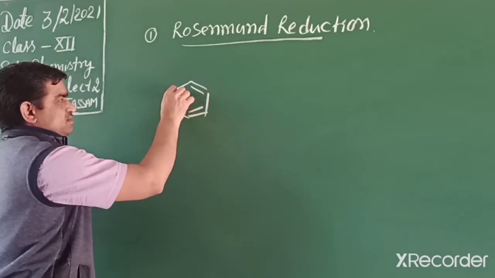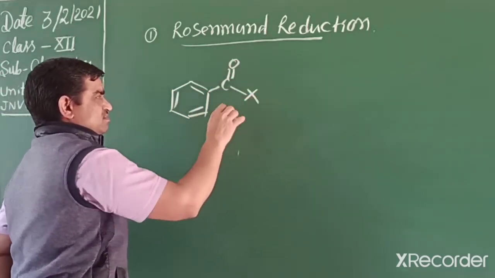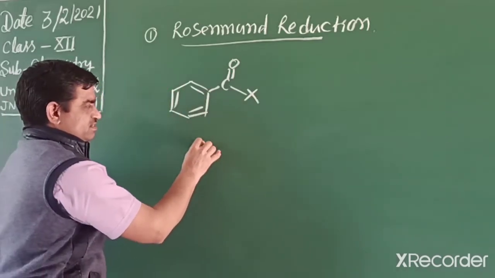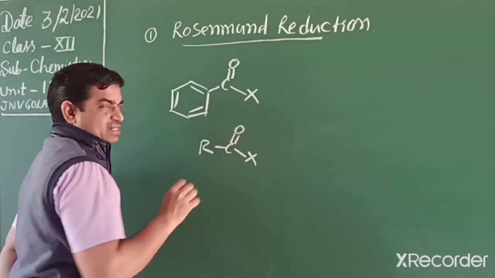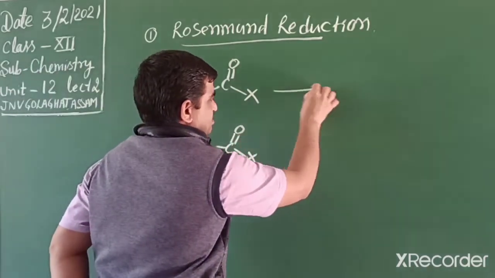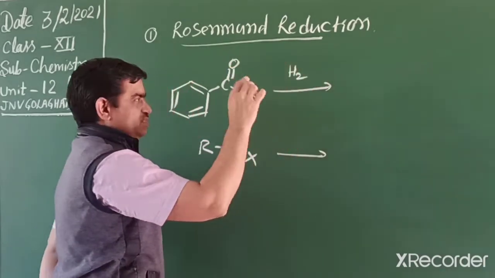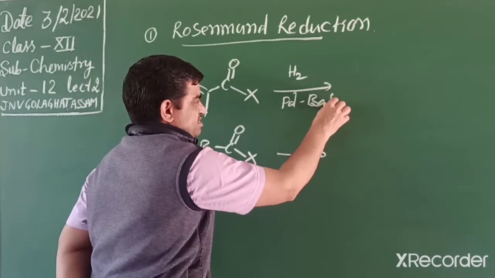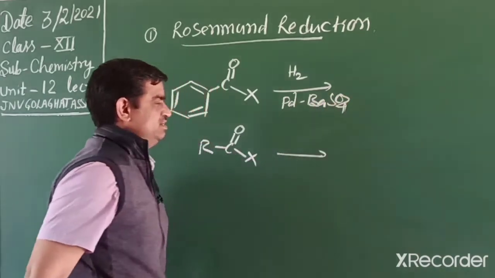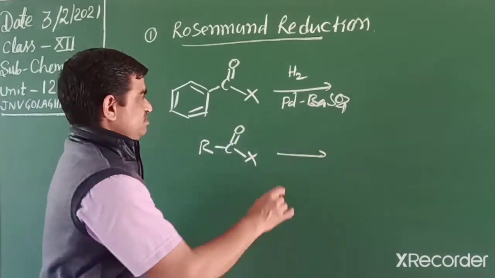When any acyl halide, either aliphatic or aromatic, reacts with hydrogen in the presence of palladium and barium sulfate, or we can say hydrogen in the presence of palladized barium sulfate.